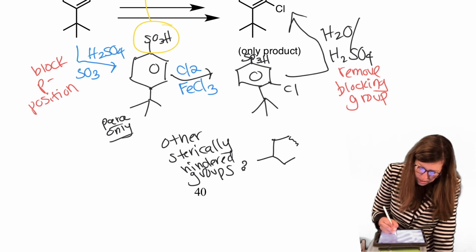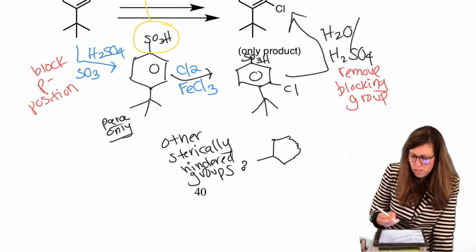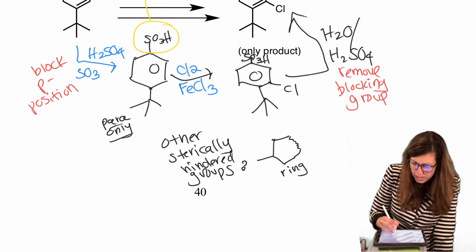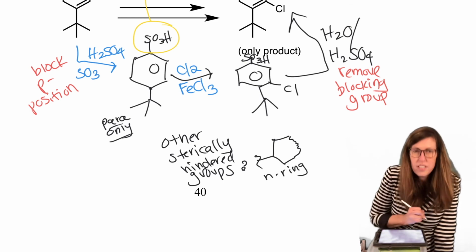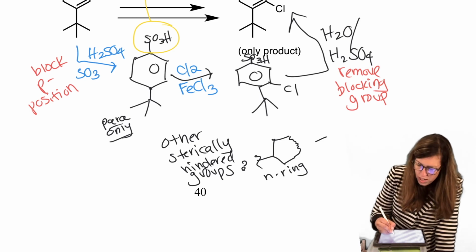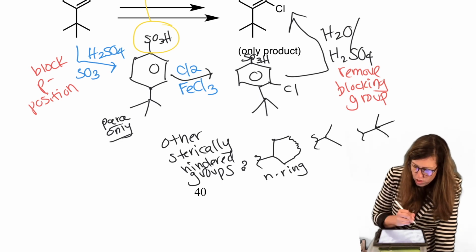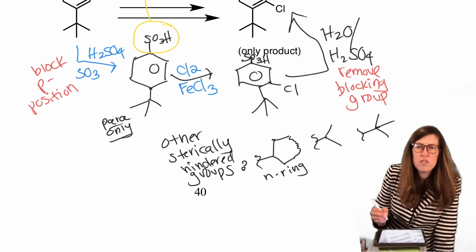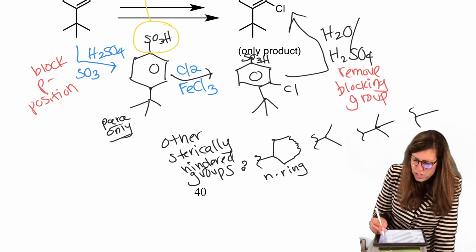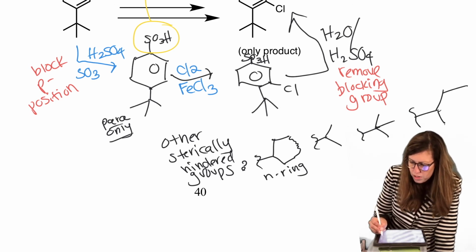And I'm just going to write it like that because it could be any numbered ring. It could be a hexagon, pentagon. So a ring, I'll put N ring so we can keep that general. It could be isopropyl, that sort of immediately branched shape. T-butyl, of course. But then we have so many variations on branch. It doesn't have to just be t-butyl. It could be going that way.